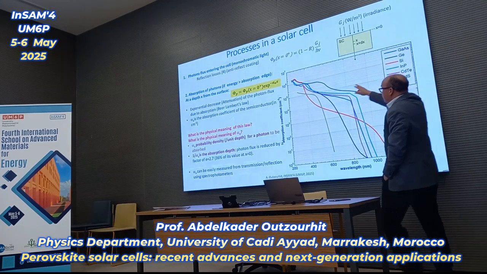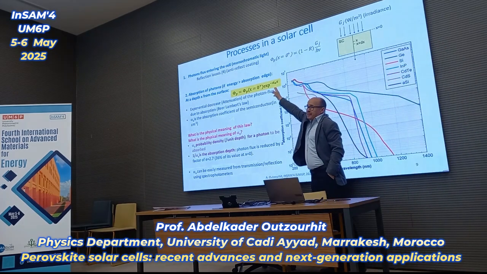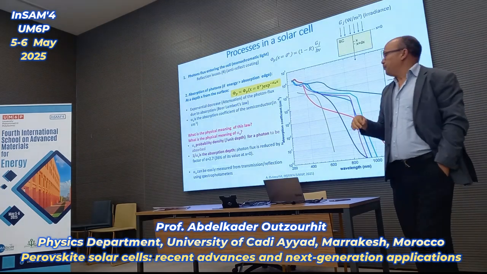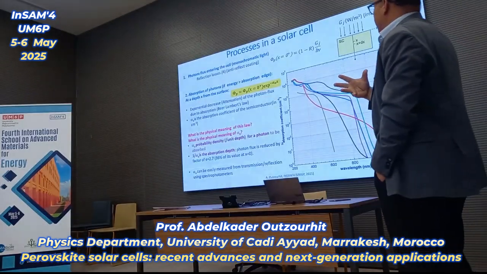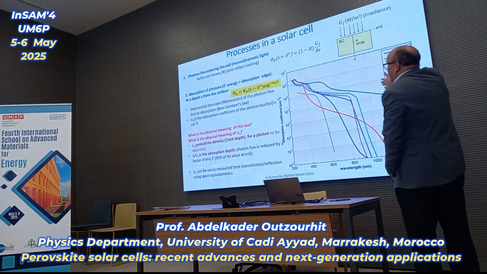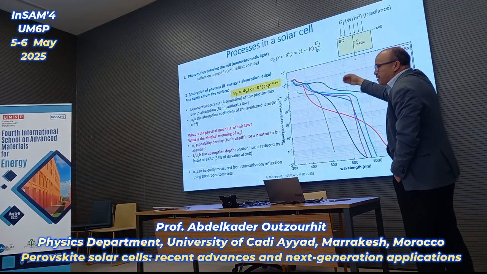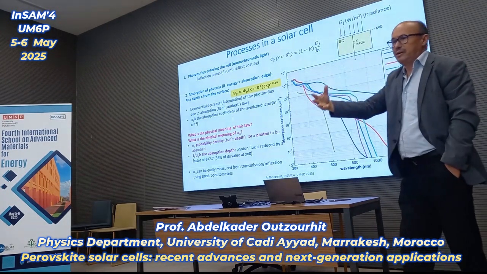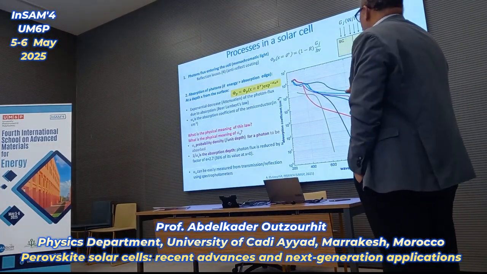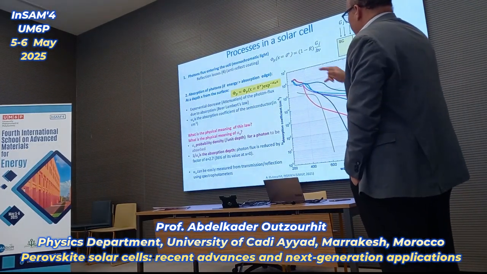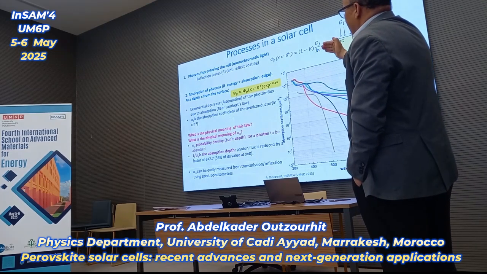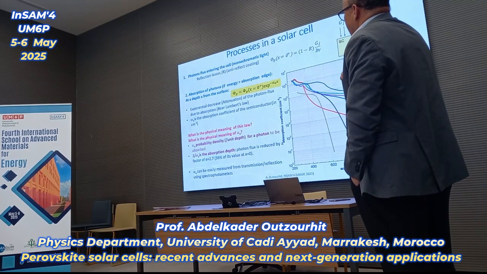So it's called the absorption coefficient, but it is in fact the probability per unit length that the photon is absorbed. That's the physical meaning of alpha, and also the physical meaning of the Beer-Lambert law.